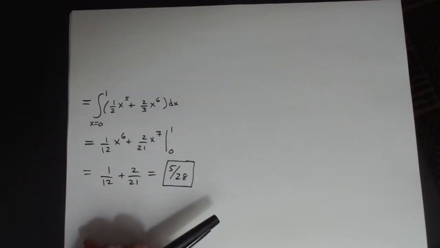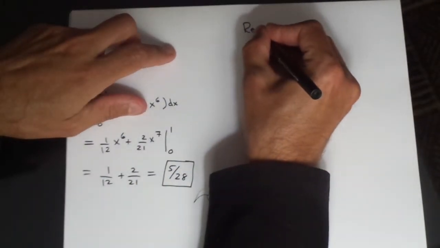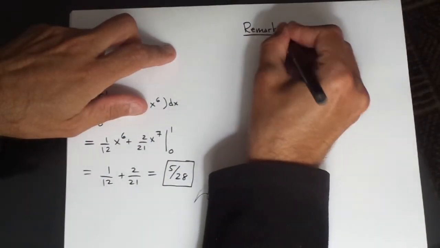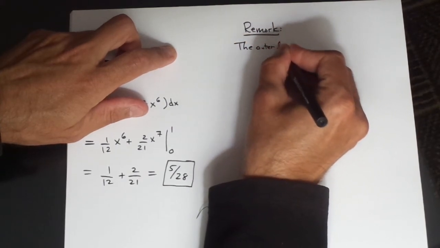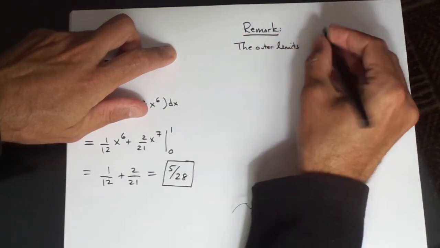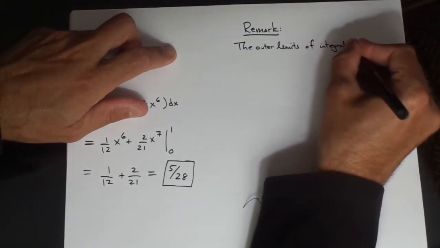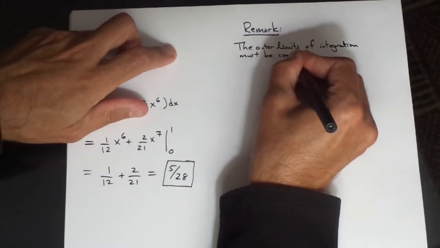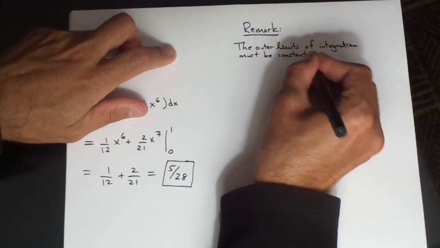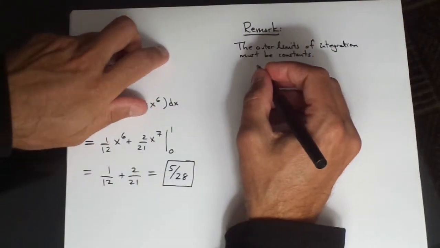Maybe I should write this down for you as a remark here. So just as a quick remark, let's state this very carefully. The outer limits of integration must be constant. Those must be constants, always. For any triple integral whatsoever, the outside limits of integration will be constant.